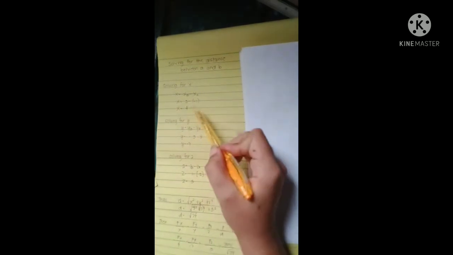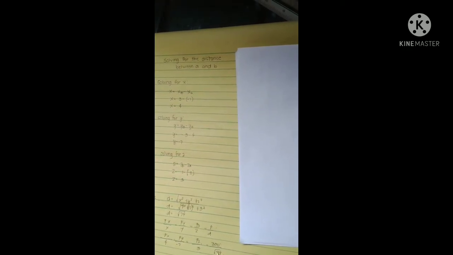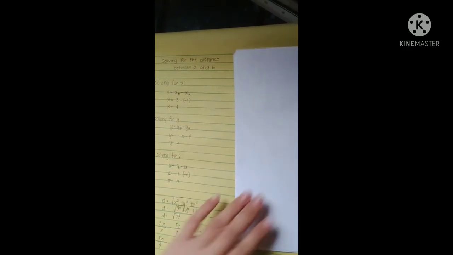So, F component of x over the x we obtained, which is 4, force component of y over -7, equals force component of z over 3. Then the force we were given is 300 Newton, and the distance we obtained is the square root of 74.